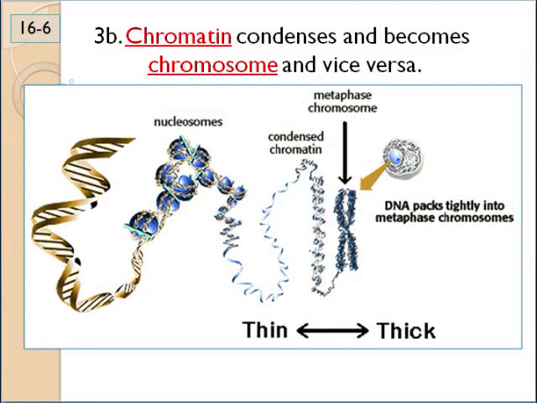Same picture again. And it's getting thicker and thicker. And finally you see a chromosome. Now this, I said metaphase chromosome, because this is a chromosome like in metaphase. And I'll tell you more later on about it. But this one did come from your grandparent.